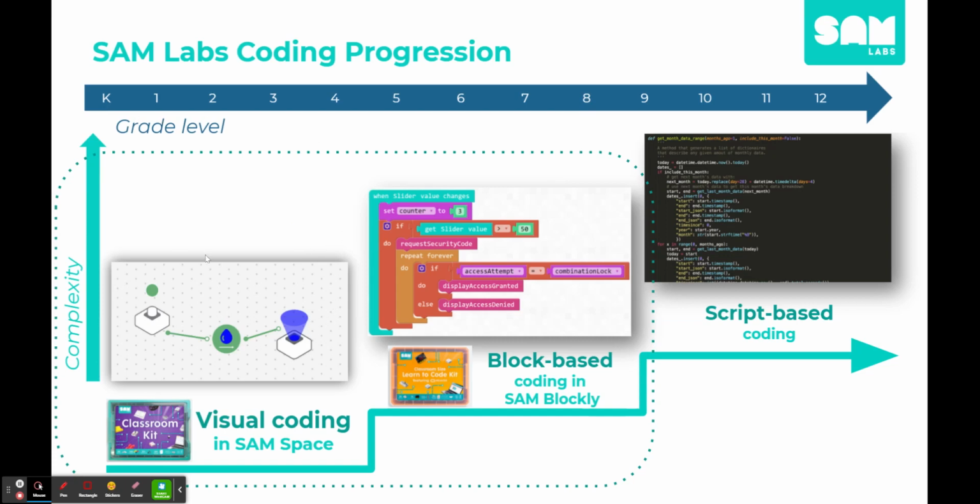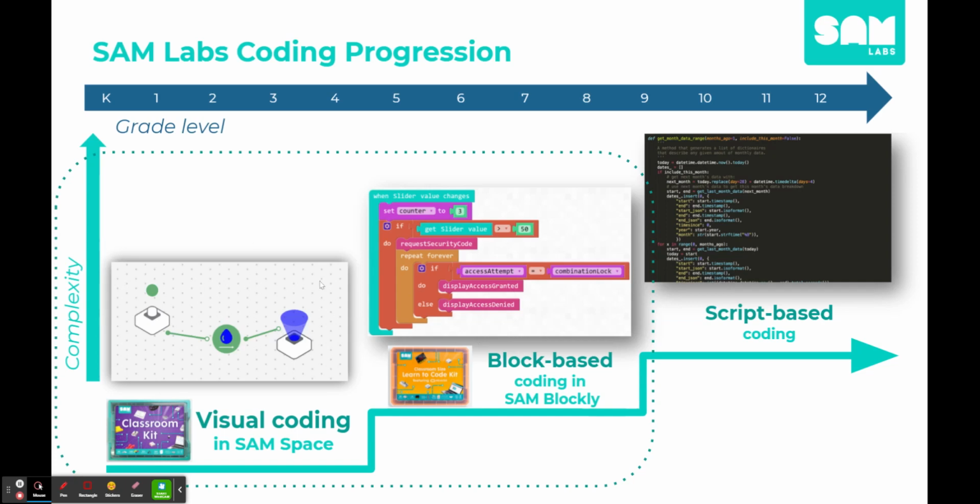Our STEAM content is designed for kindergarten through 5th grade. Our SAM Blockly content is aligned to Learn to Code, and it is designed for 4th through 8th graders. This content is heavily aligned to CSTA standards, so those computer science heavy concepts with some others layered in.